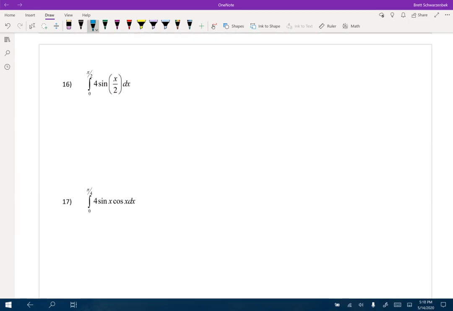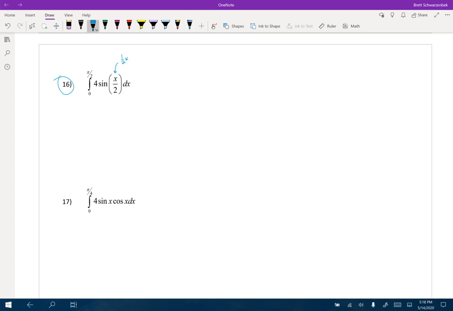More and more examples. What about the area under the curve for sine x over 2 from 0 to pi over 2? So remember, this is 1/2 x. It's the same thing. Students often confuse this. Just remember those are the same kind of setup.